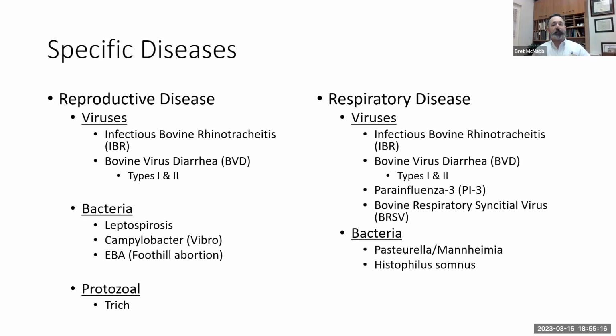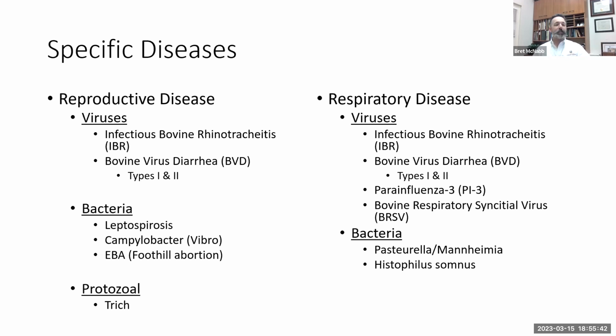So, specific diseases to think about. There are a lot of overlaps between reproductive and respiratory disease, luckily, but typically our core recommendations are IBR, BVD, leptospirosis, and Vibrio. If you're having problems with foothill rot, then incorporate that into your vaccines. If you're having trich issues, incorporate trich into your annual vaccination protocol.